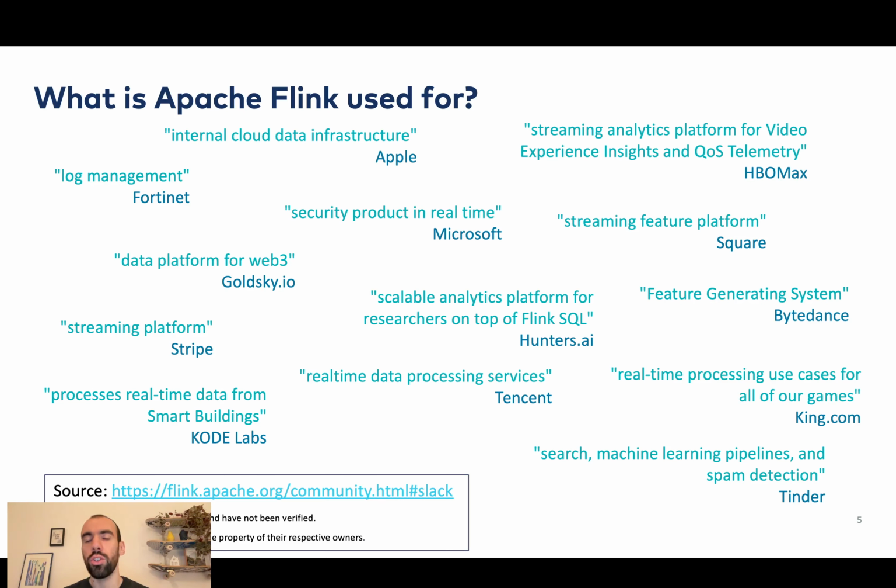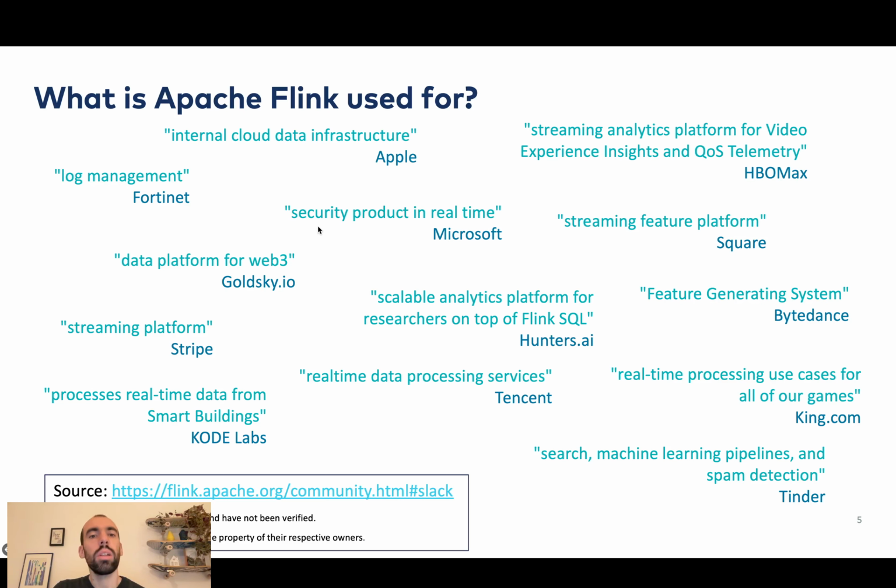This slide here shows some usages that were posted in the official Apache Flink Slack channel. I haven't verified all the sources, so take this with a grain of salt. But in general, you can see the diversity also in the Flink community. So Flink is used for internal data cloud infrastructure. It is used for streaming analytics, for getting insights and quality of service telemetry.